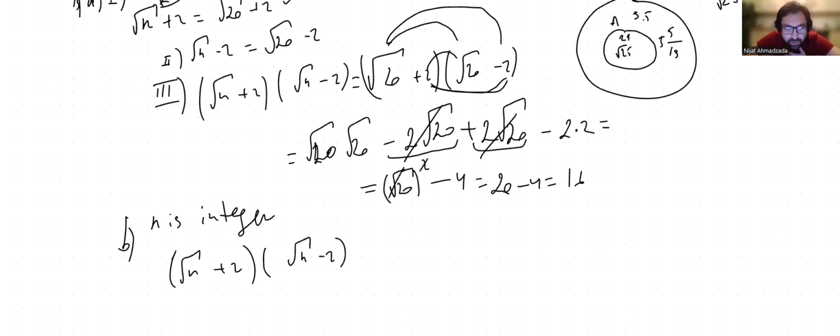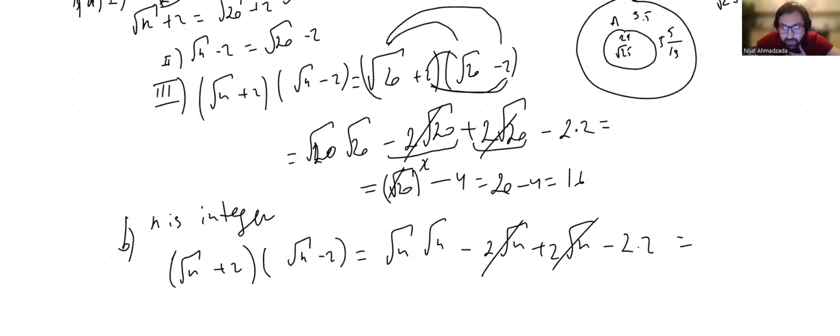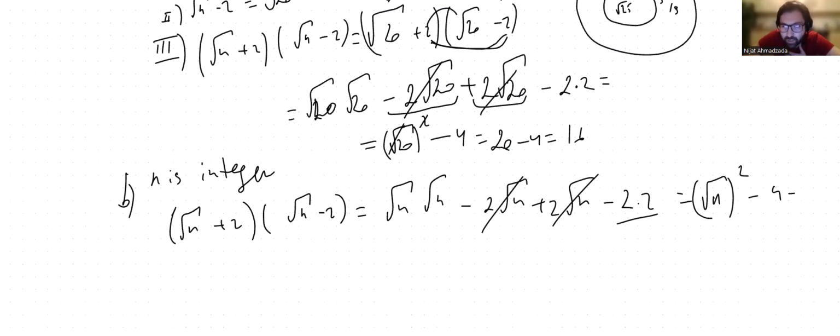I'm just expanding the brackets: n minus 2 square root of n plus 2 square root of n minus 4. Again, the minus 2 square root of n and plus 2 square root of n cancel each other. Square root of n times square root of n is square root of n squared, minus 2 times 2, 4. What is square root of n squared? Square root and square cancel each other, so it's just n minus 4.